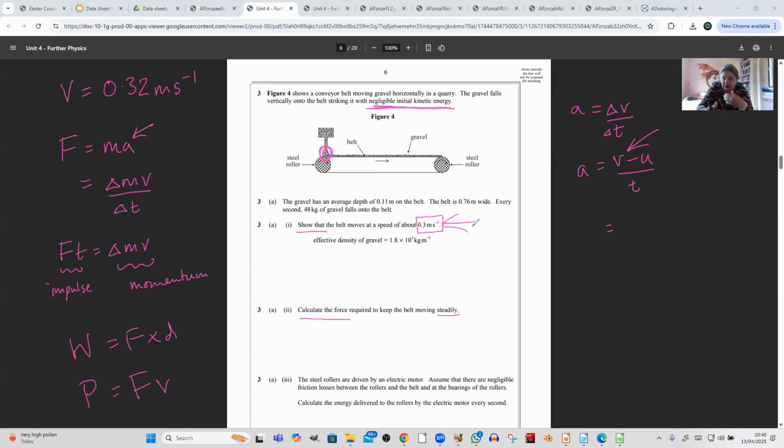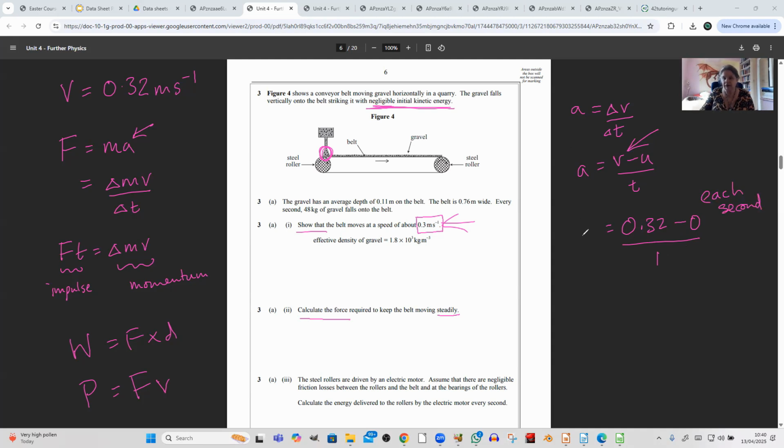All the clues are coming together, like Sherlock Holmes. Right, okay, so we're going to go 0.32. Our initial velocity for our gravel is 0, at least sideways it certainly is, divided by 1 second. We're going to go with 1, where this is each second.